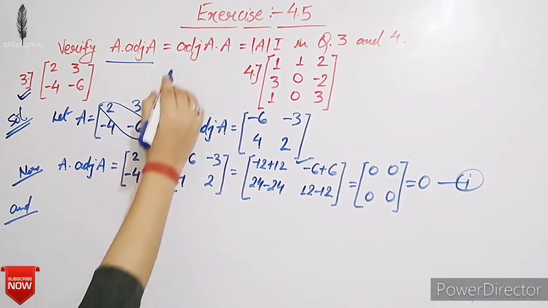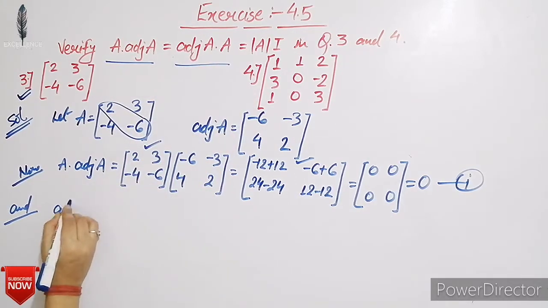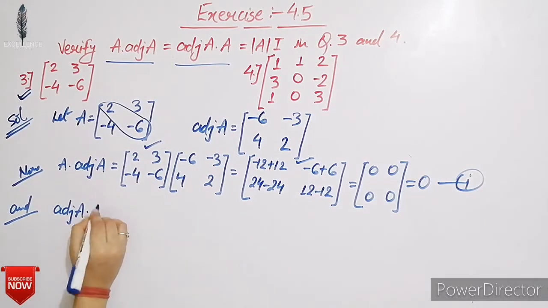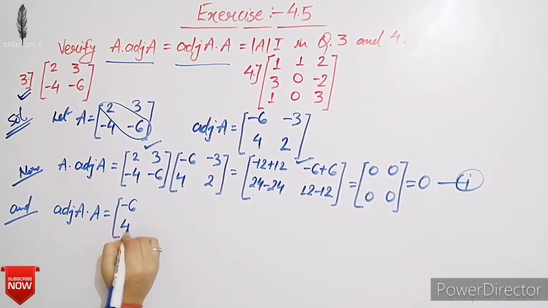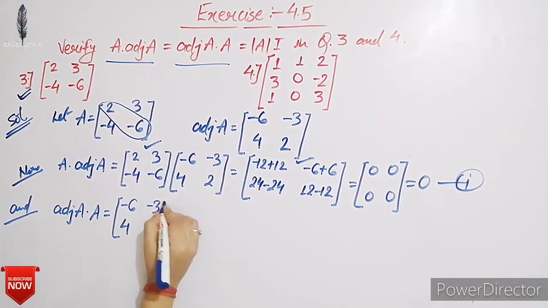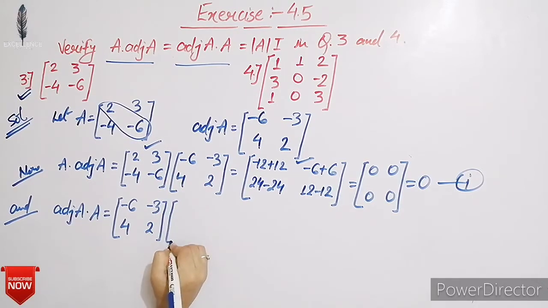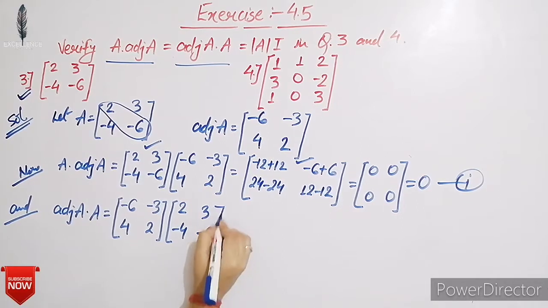And here next is adjoint A into A. So put the value of adjoint A, that is minus 6, 4, minus 3, 2, into value of A is 2, minus 4, 3, minus 6.